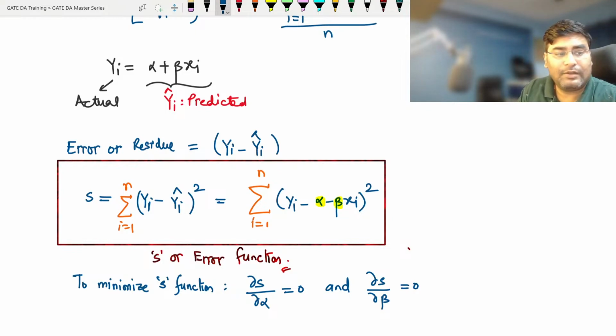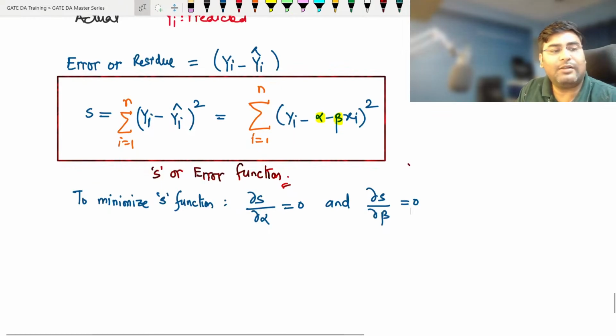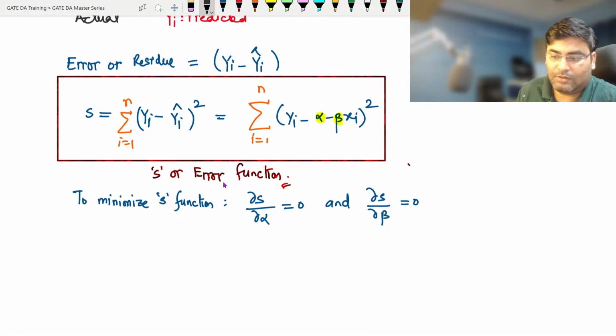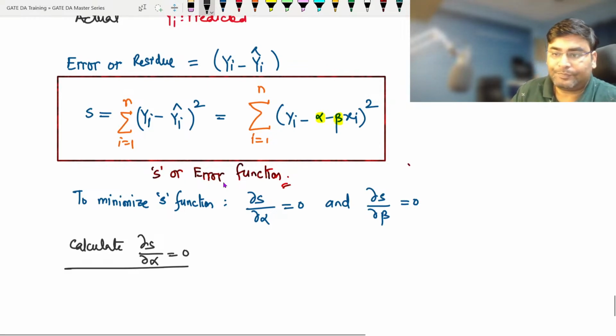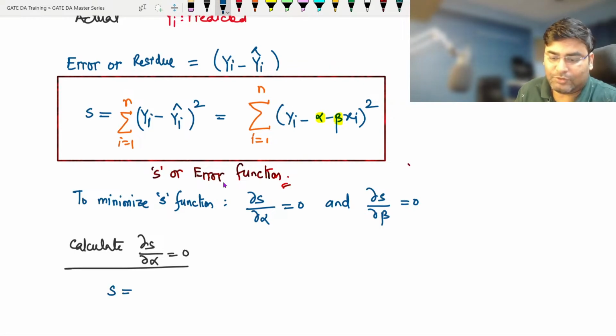Okay? So now, if you look at the simple maths, it's very easy. I'll start with calculating del S by del alpha and put it equal to 0. That's my starting point. So I'll rewrite my equation of S, which is sigma, and now, guys, I'll make some changes in the way we write. I equal to 1 to n, I'll not write.